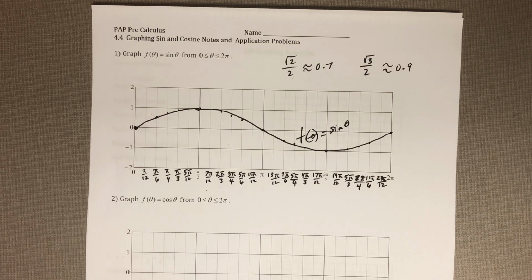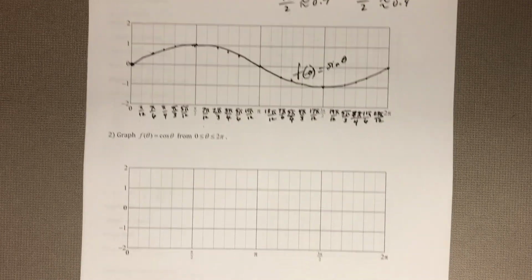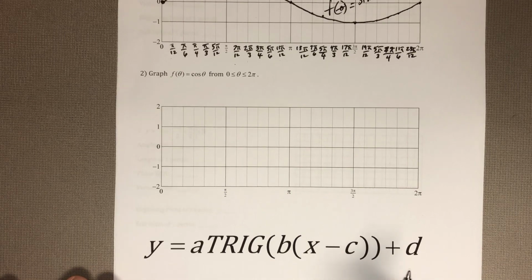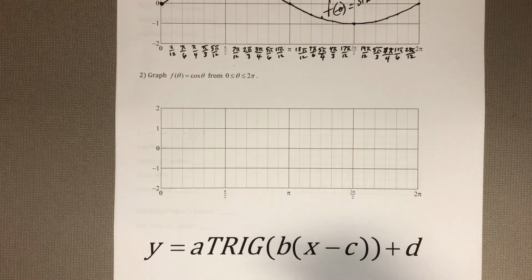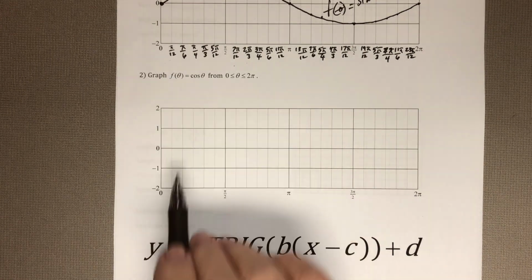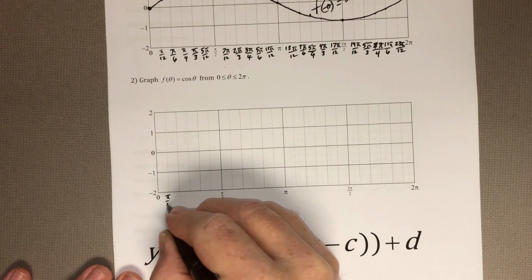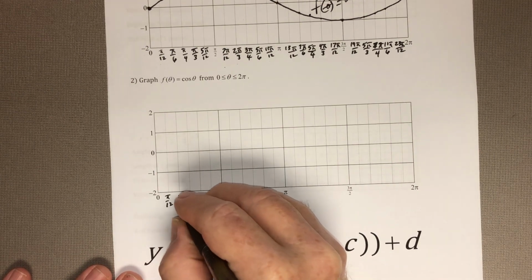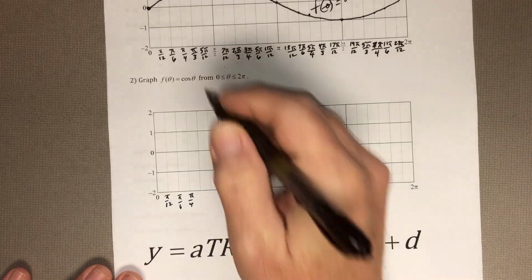Now let's graph the cosine of theta. If we want to graph the cosine from 0 to 2 pi, you can imagine pi over 12. If you want to write these down, you could. Let's just do it real quick. Pi over 12, pi over 6, pi over 4. It's the same ones we just had up there.